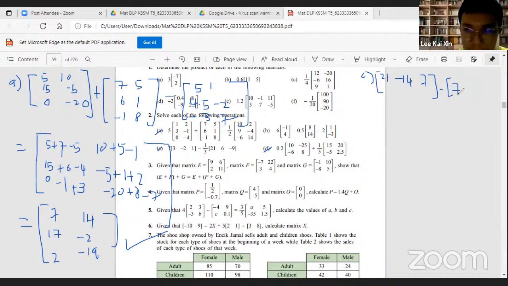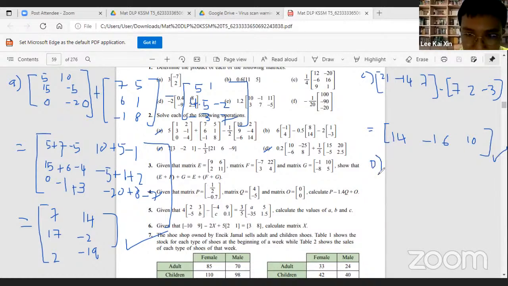And then 6 divided by 3, you will get 2. Negative 9 divided by 3, you get negative 3. So you subtract both of these. The first part is 14, negative 16, and then 10. So done.